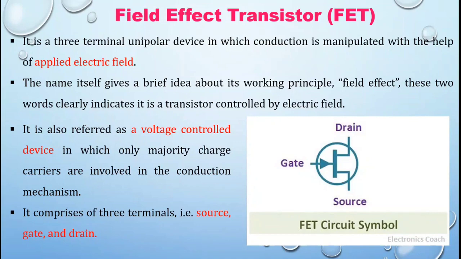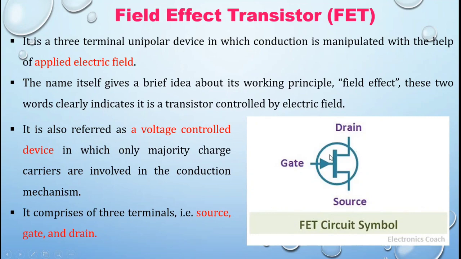So how the field effect transistor works, what is its construction, and its symbol, all of these we'll discuss. See this picture, this is the symbol of the field effect transistor. Here are source, gate, and drain.